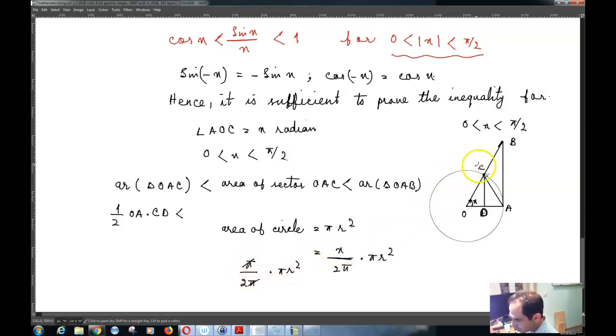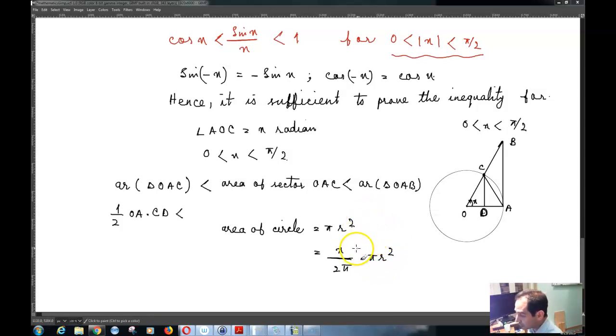If x is equal to pi by 2, then that will give you the area of 1/4 of a circle, and so on and so forth. That's how you find the area of a sector in a circle. You use this fraction and multiply it by the area of the complete circle.